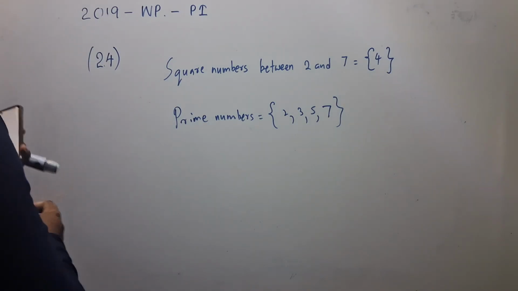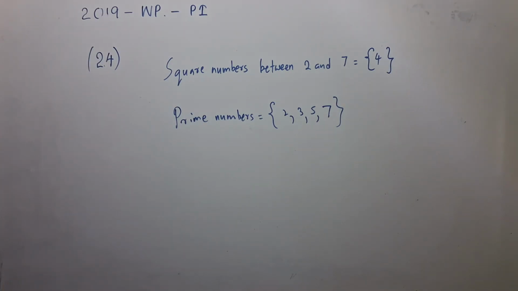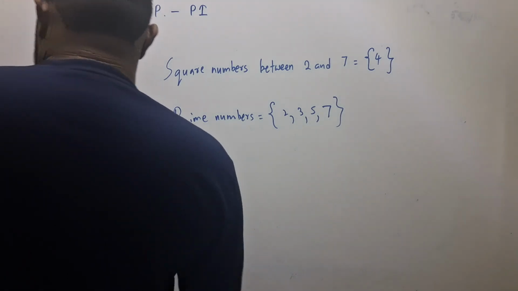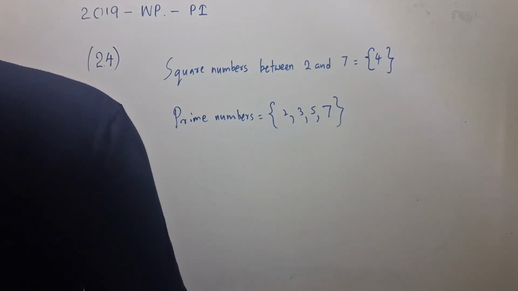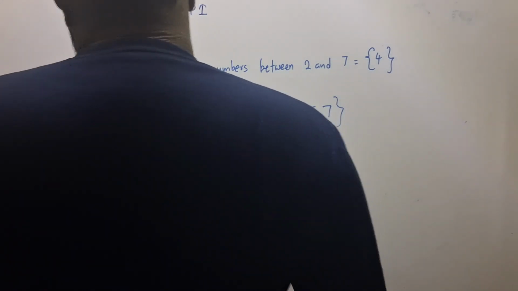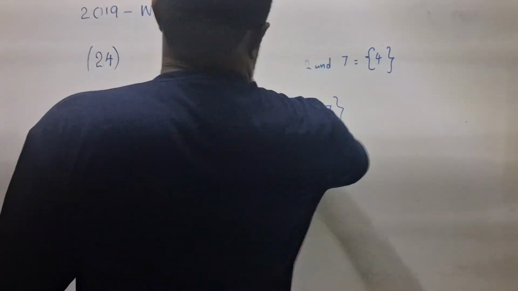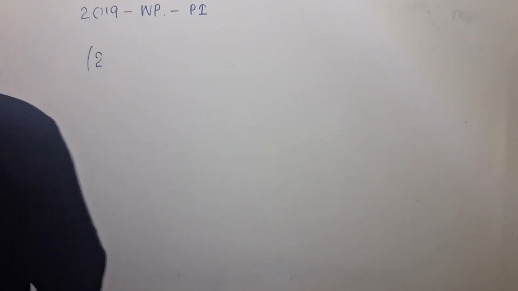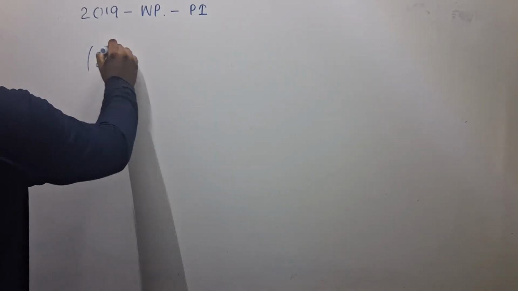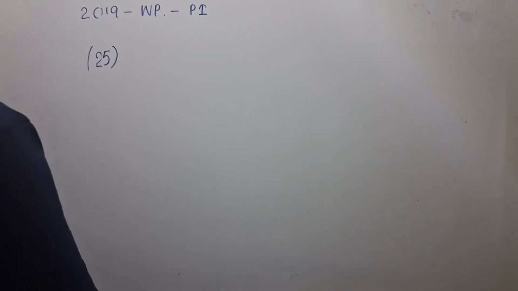Next up, 25. The center of the circle is O. According to the given information, find the magnitude of the angle OAB. OAB.